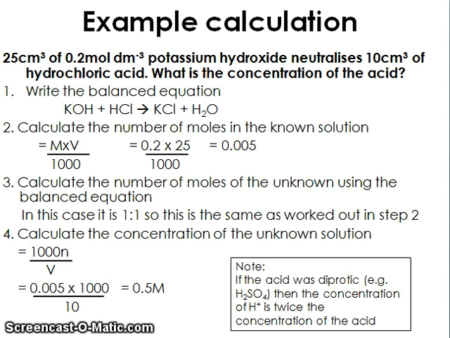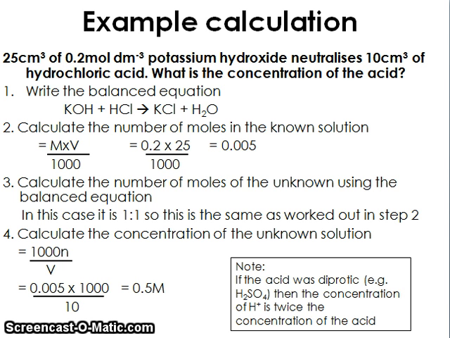The first one being that your balanced equation, you may have a ratio of 2 moles of your alkali to 1 mole of your acid, because your acid will contribute 2 H pluses. So for example, H2SO4 would react with 2 KOHs, because you've got 2 hydroxides there to match the 2 H pluses.